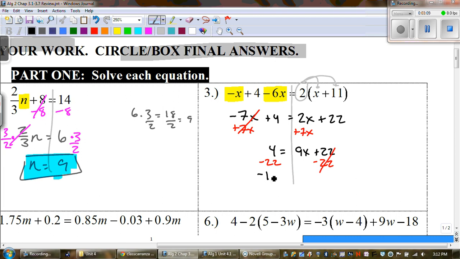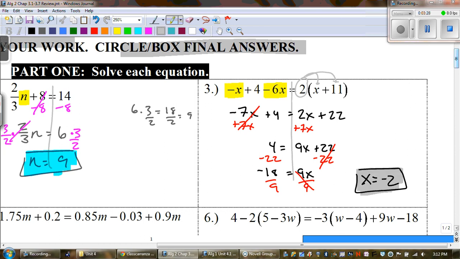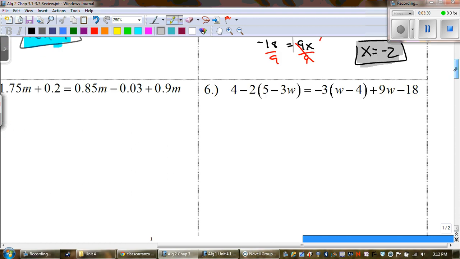And we get negative 18 equals 9x. This part, guys, it should be super easy for you by now. And we get the final answer of x equals negative 2. You should be flying through, especially through that last part.